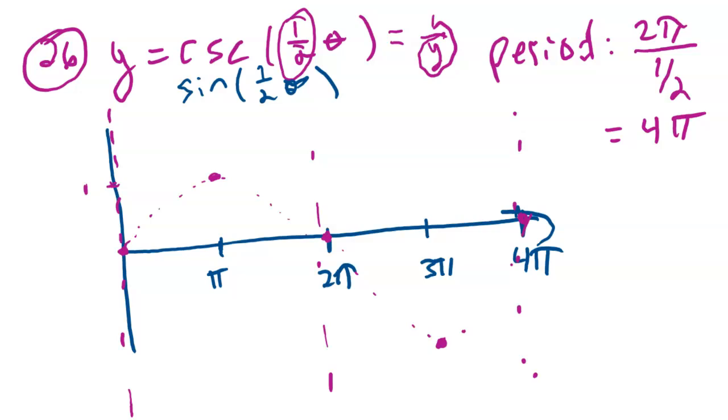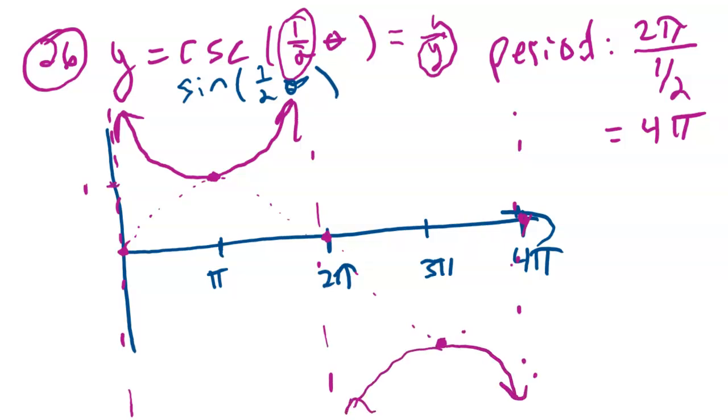And then my cosecant graph, well, I know this point exists on my cosecant graph. Cosecant of pi over 2 is 1. I know I don't have any other roots, and I follow the asymptotes, so I go up like this. I think it's easier that way. Maybe.